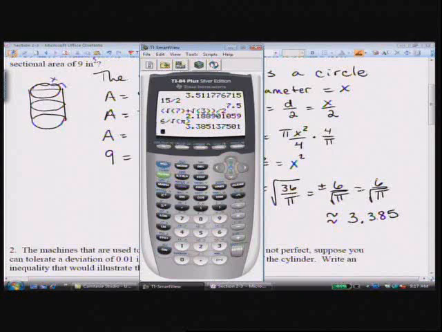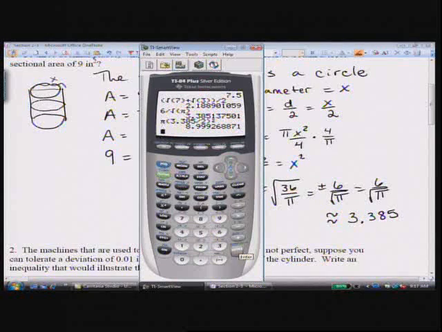So we would do pi times r squared, which would be pi times 3.385 divided by 2, because that's your radius, squared. And if you hit enter, you get 8.999268871. So you're not at exactly 9 square inches. You're off by tenths, hundredths, thousandths, maybe a little bit less than a thousandth, but you're still off. Does that make sense?